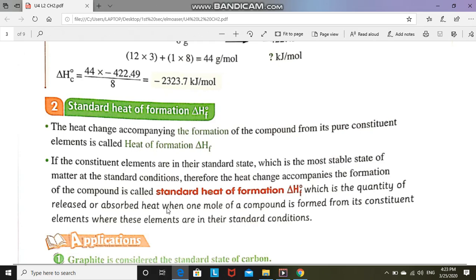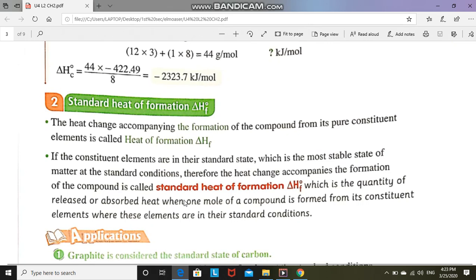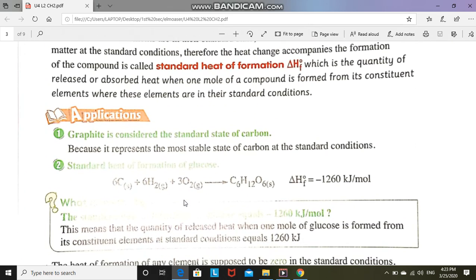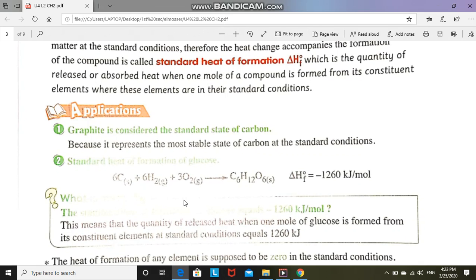Okay, it means that quantity of heat released or absorbed when 1 mole of compound is formed from its simplest or constituent elements, where these elements are in standard conditions. As we said before, standard conditions means that we take 1 mole of the substance.